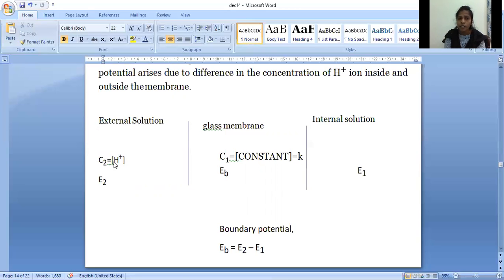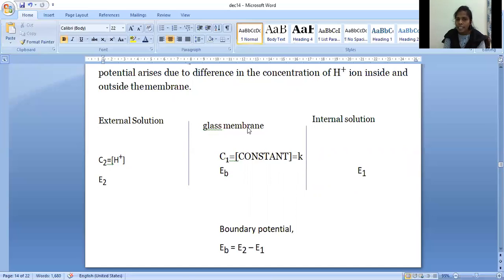The potential of this solution we assume as E2. This is the potential of the solution of unknown pH. And internally we have one solution whose pH is constant, and we assume the potential of the internal solution as E1.